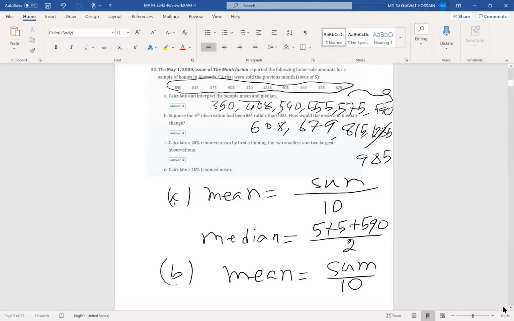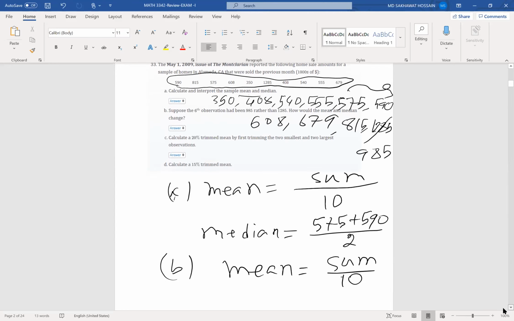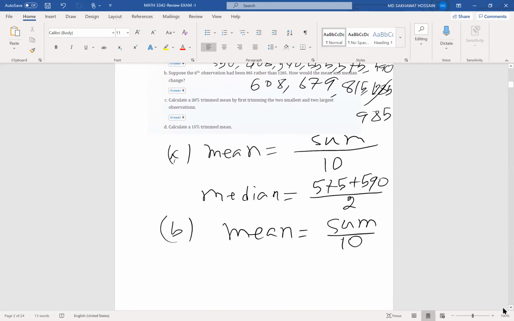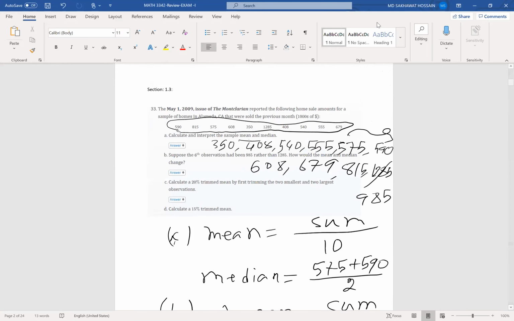What do you think? Do we have the same mean as in part A, or will we have a different mean?